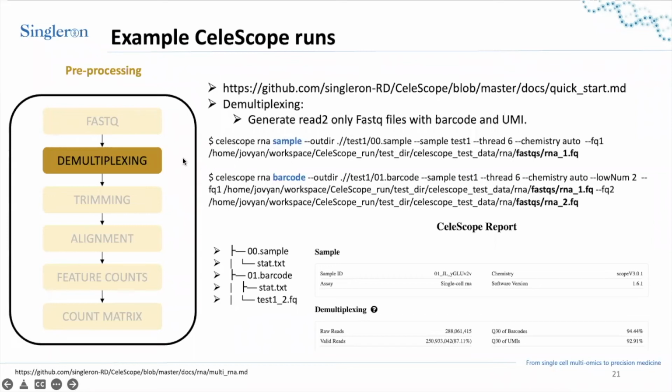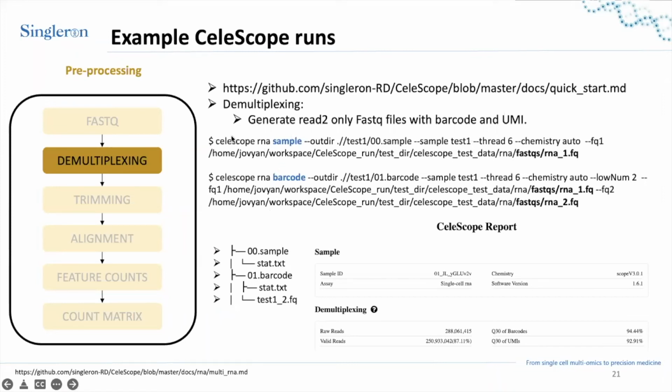But here we still show the commands for the purpose of explanation, like what happens at each of the steps, so that you have a better idea of what has been done and where to look for results. Or if later you want to do something different, for example replace the alignment tool with another tool, is it possible in Cellscope, and which step you need to change?